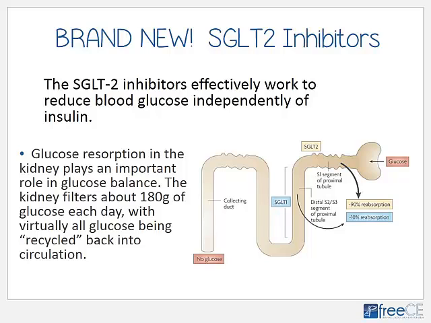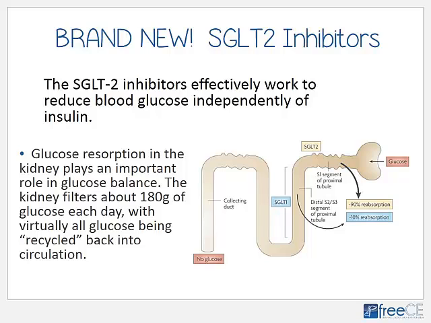SGLT2 is a major sodium glucose co-transporter in the kidney, and it is insulin-independent pathway for the reabsorption of glucose back into the blood. Selective inhibition of this SGLT2 causes us to excrete glucose into our urine, something that all of us pharmacists have learned from very early in our careers.